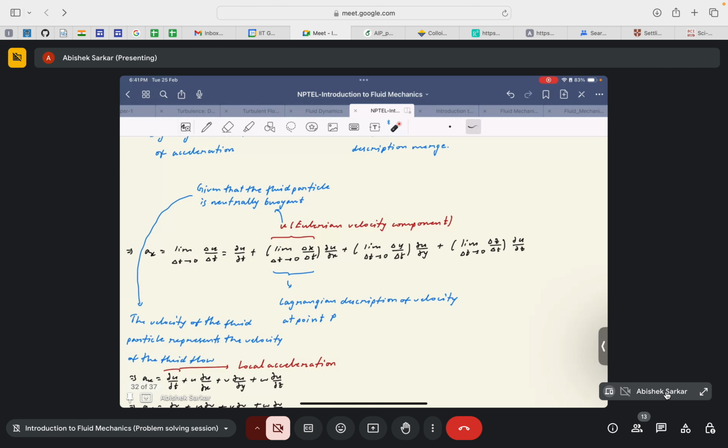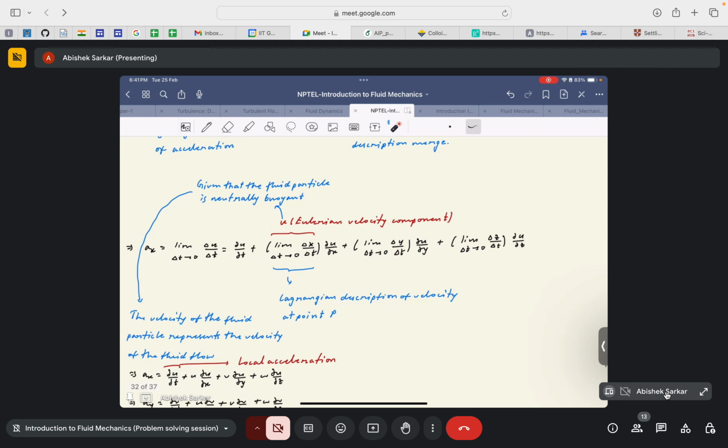And this becomes equal to u only when we say that delta t tends to 0. That's why the Eulerian and the Lagrangian definitions of acceleration match with each other as delta t tends to 0. Moreover, when we define the u velocity component, that is the velocity of the fluid particle.